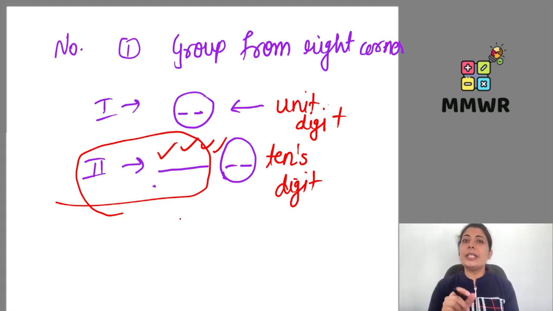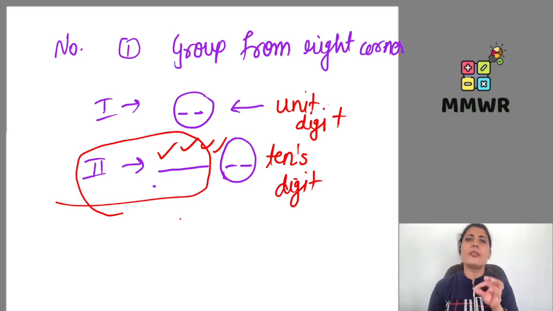Okay, so unit digit and tens digit, how are we going to fix? With the help of the groupings. Make sure the grouping should be done from the rightmost corner. After making the group, as soon as you get the idea about what will come at the unit place, always you will be getting two options for the unit place. You will never get only one fixed digit at the unit place.